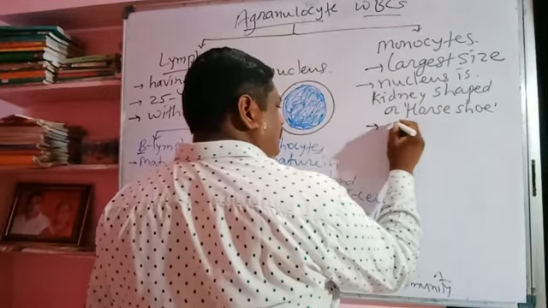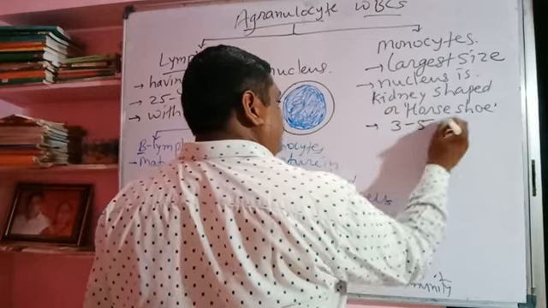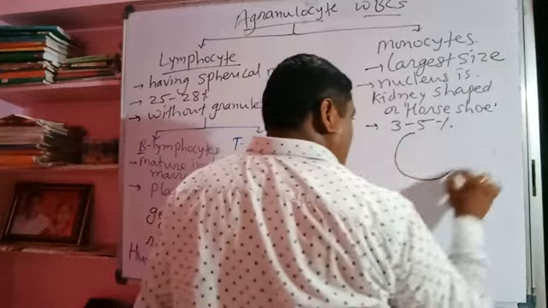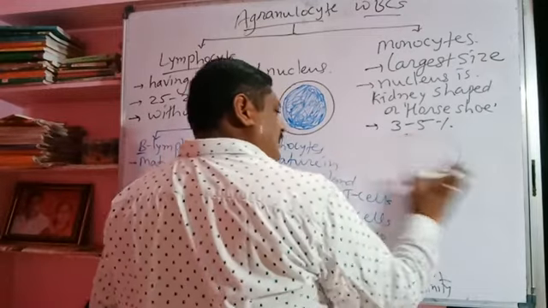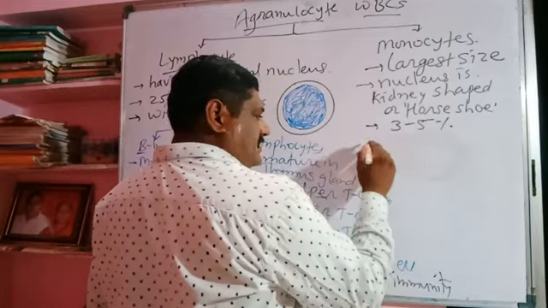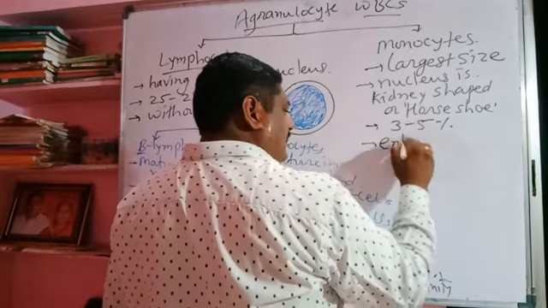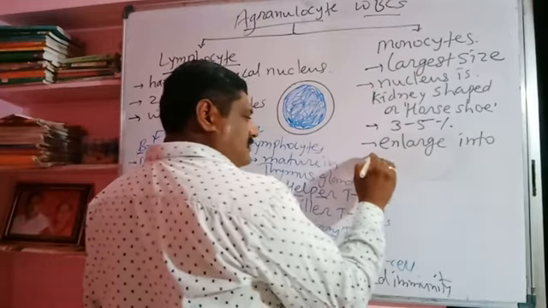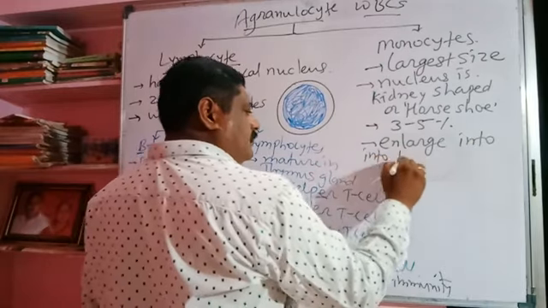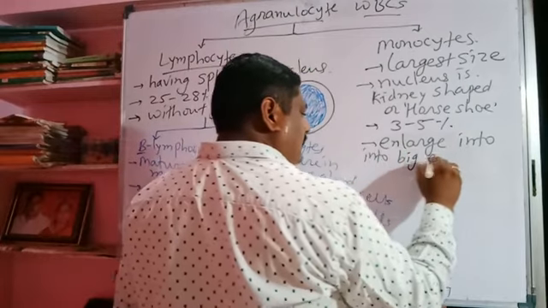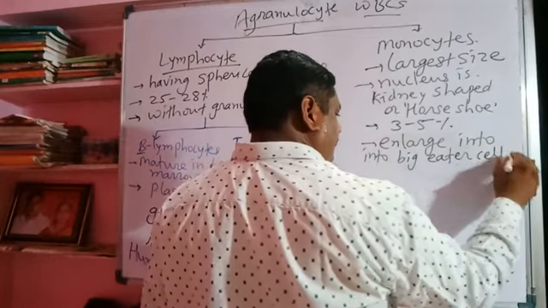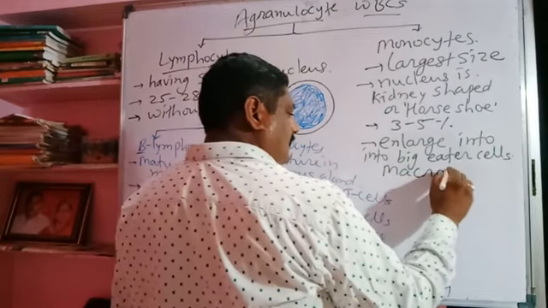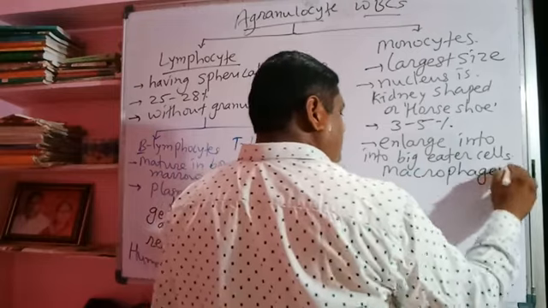These are about 3 to 5% of the total WBC. This cell may increase in size whenever the infection is more. They enlarge into big eater cells called macrophages.